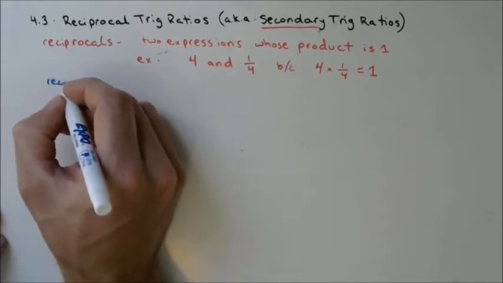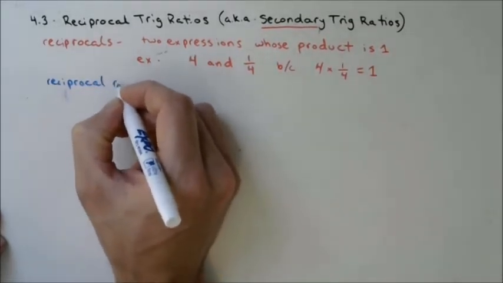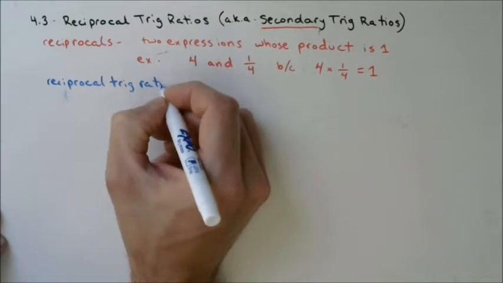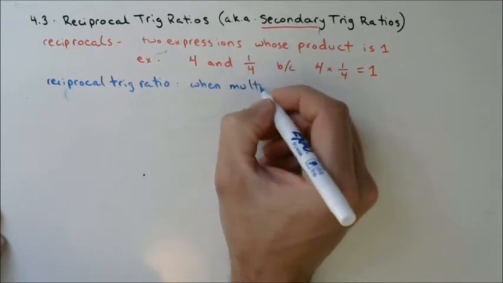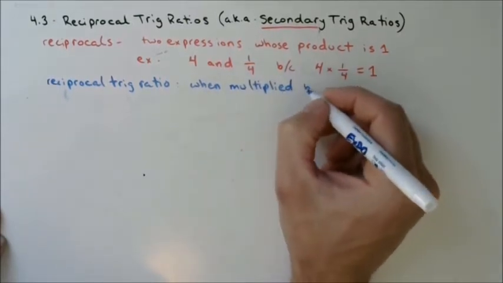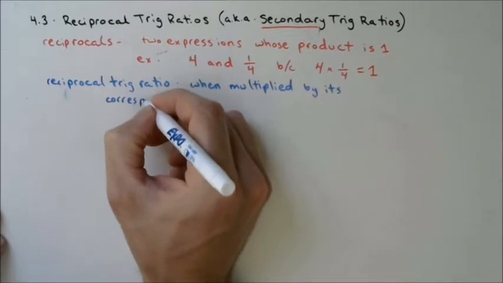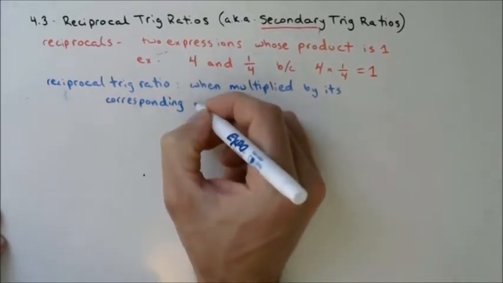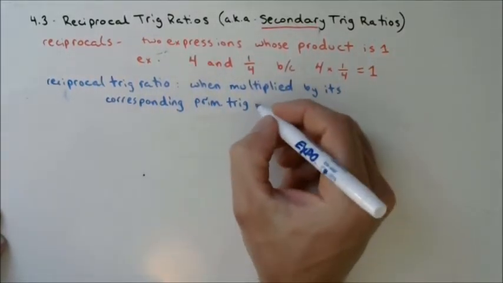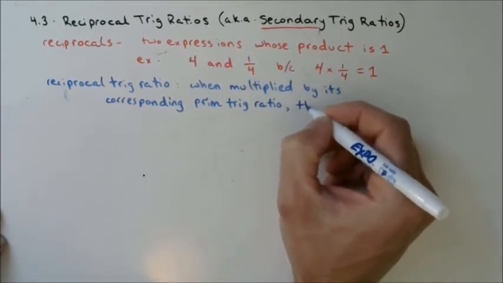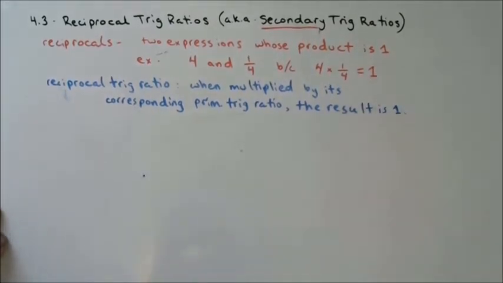So a reciprocal trig ratio, when multiplied by its corresponding primary trig ratio, the result is 1.